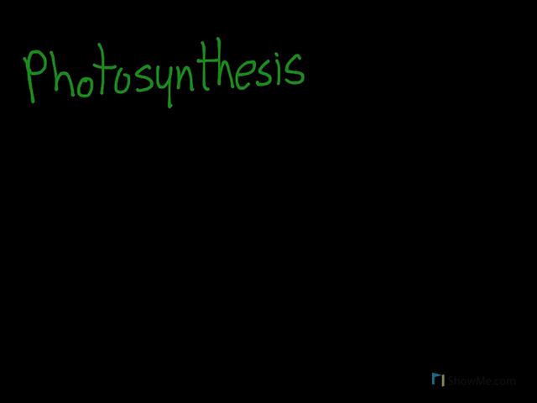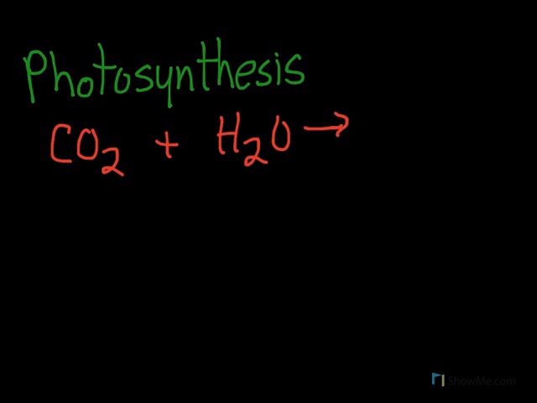Okay, so what does the formula of photosynthesis look like? Well, we have to start with two inorganic molecules, one of them being CO2, and the other one is water, H2O. And I have this formula here with this arrow.